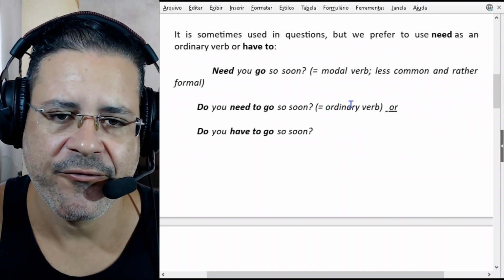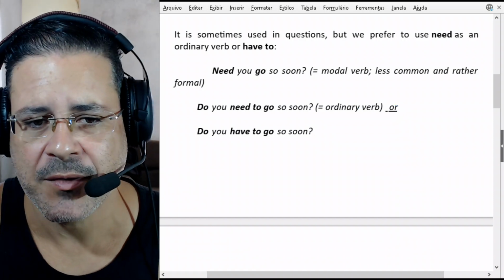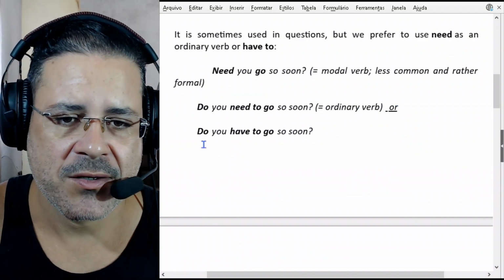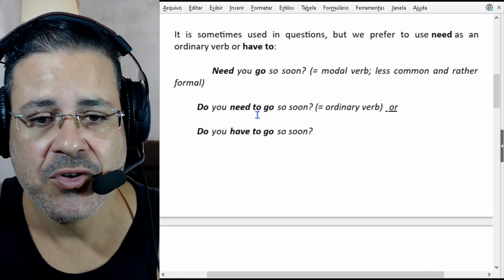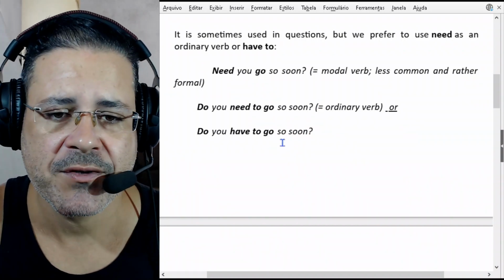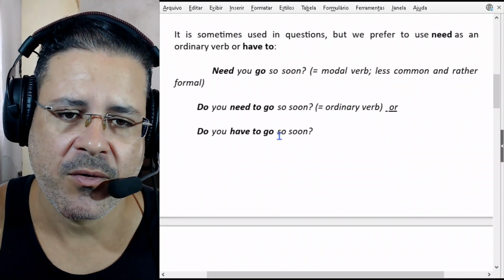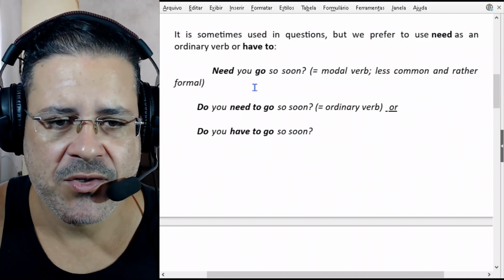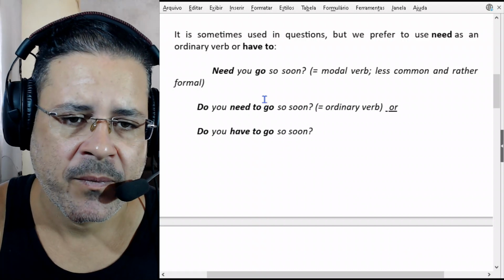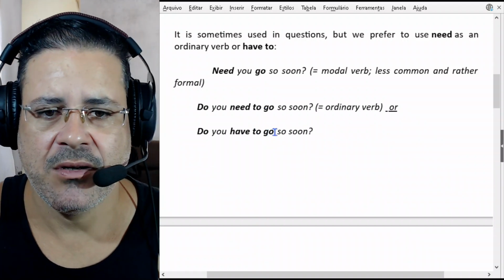Or for example, do you have to go so soon? Do you need to go so soon? That is, being an ordinary verb, we use all the auxiliary verbs we need to construct the interrogation.